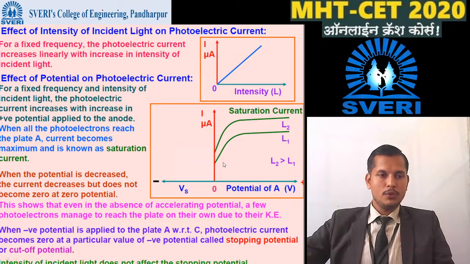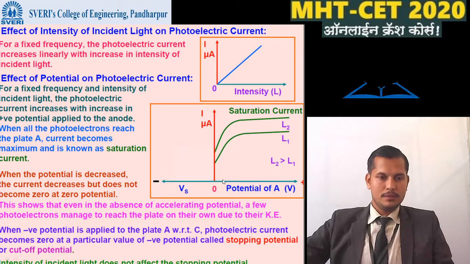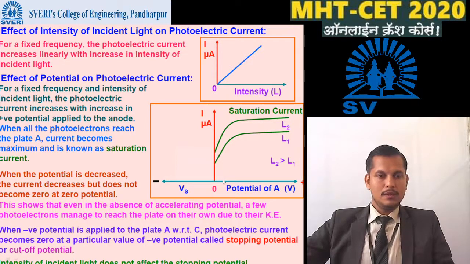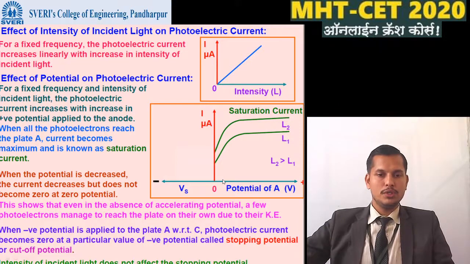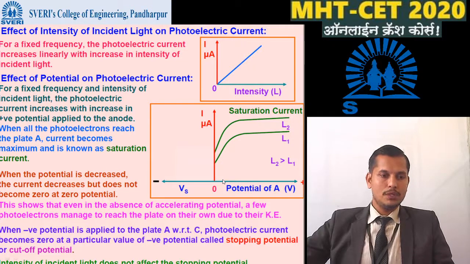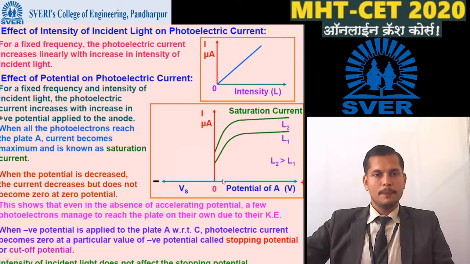When negative potential is applied to the plate, then photoelectric current becomes zero at a particular value of negative potential called the stopping potential, also known as cutoff potential. Intensity of incident light does not affect the stopping potential.